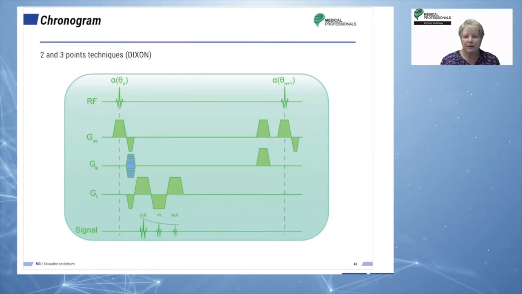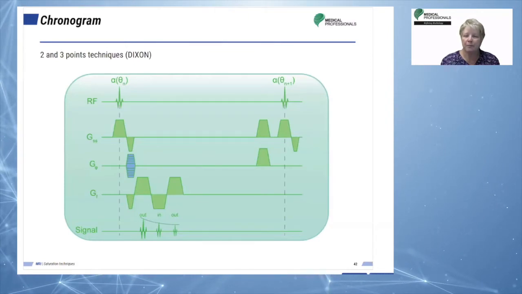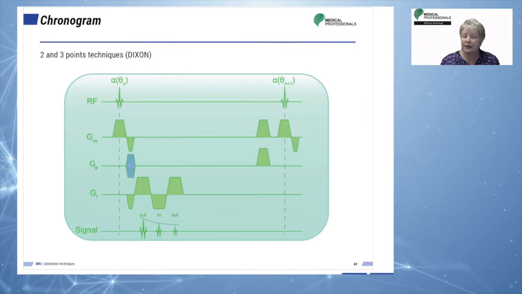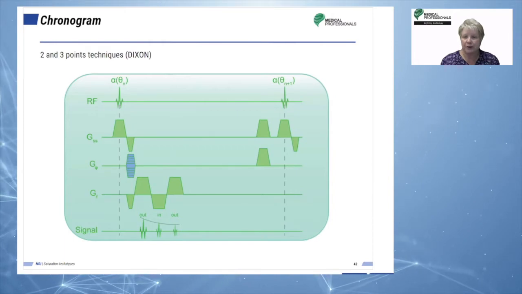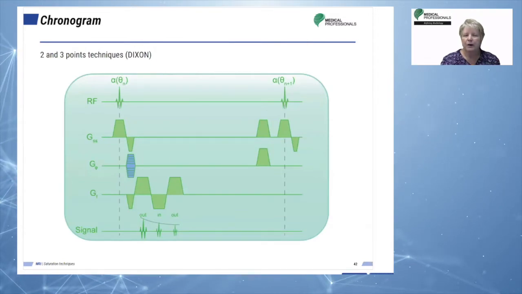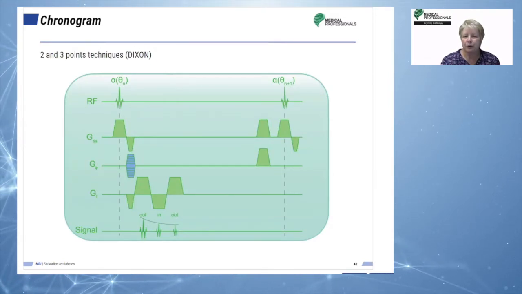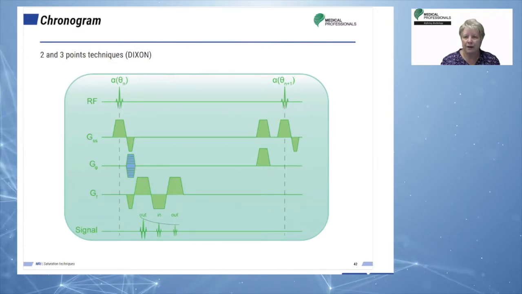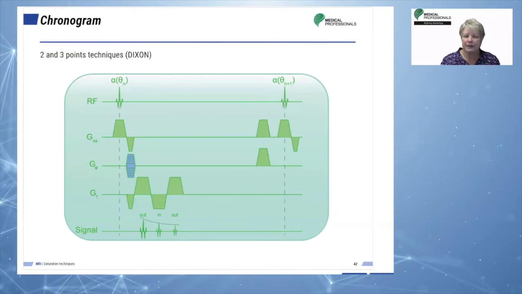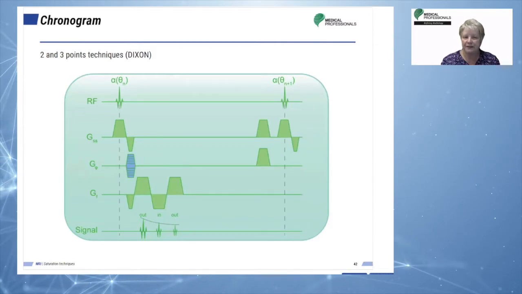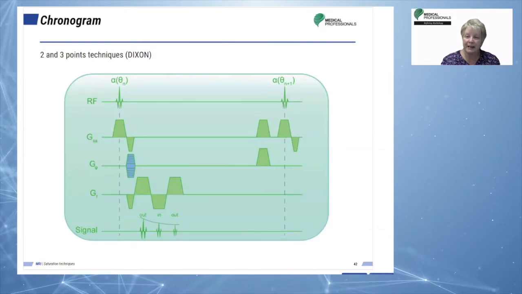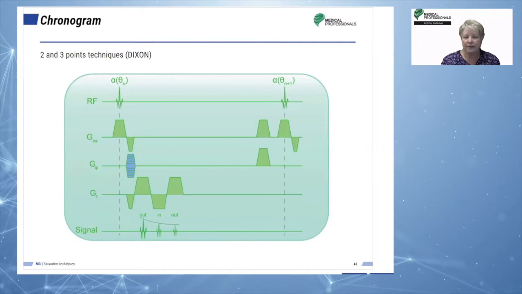In the chronogram that we see here, we have an RF pulse with a bipolar slice selection gradient, at the same time as the bipolar frequency encoding gradient and the phase encoding gradient. There are then 3 frequency encoding gradients: one at the cut time, which is 2.38 milliseconds on a 1.5 Tesla scanner, one at the in-phase time, which is 4.76 milliseconds on a 1.5 Tesla scanner, and the last one at the out-of-phase time, which is 7.15 milliseconds on a 1.5 Tesla scanner.